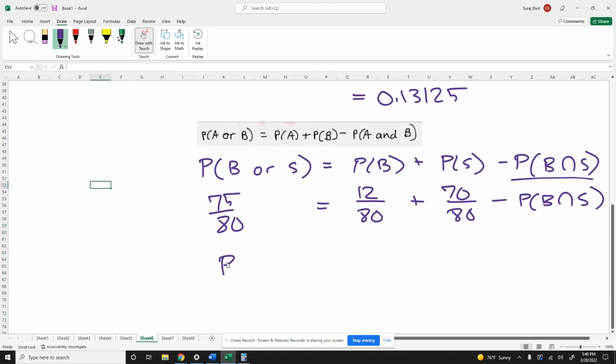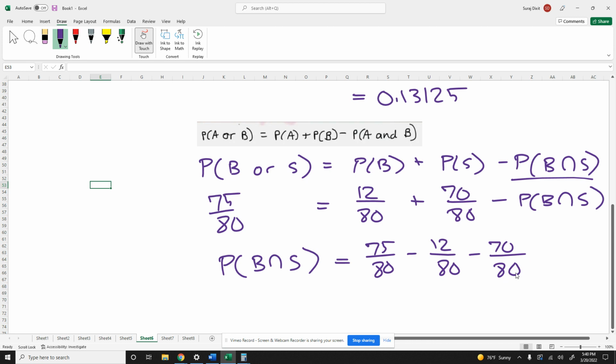So probability of bike and scooter both, it's 75 out of 80 minus 12 out of 80 minus. But see, we get a negative answer, which makes it confusing.